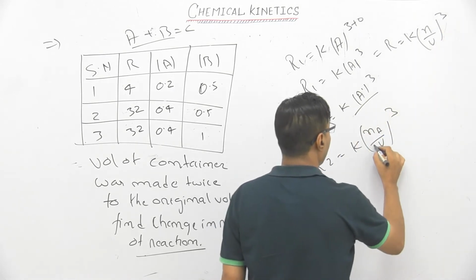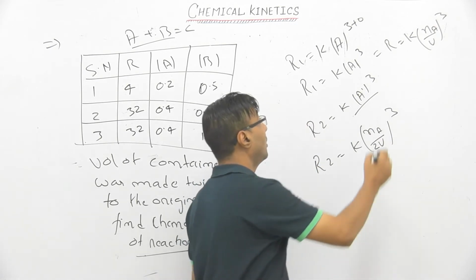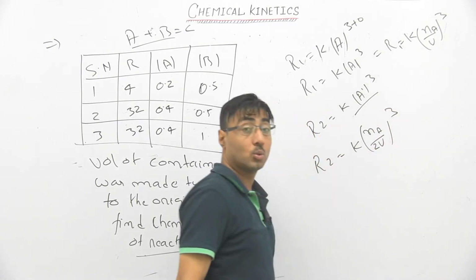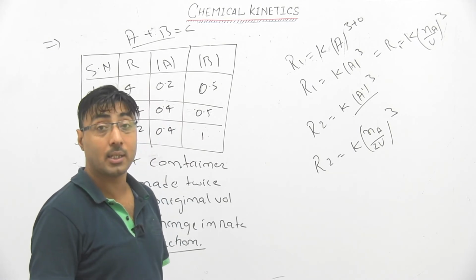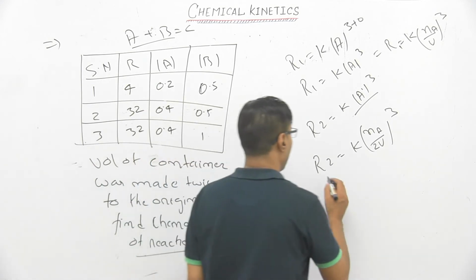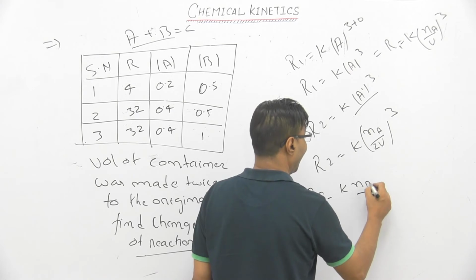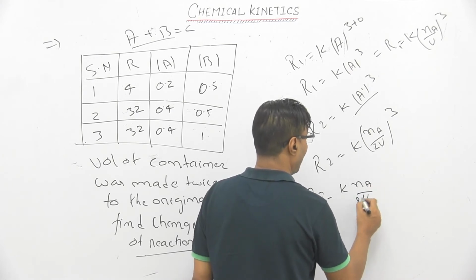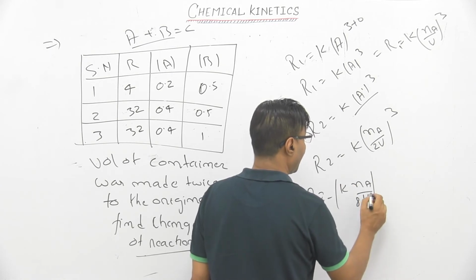And this time the volume is twice. This is R1. So when we increase the volume, concentration will decrease. If the concentration decreases, rate of reaction will decrease. And what is the factor? R2 is equal to K N A by 2V whole cube, it is N A by 8V cube.